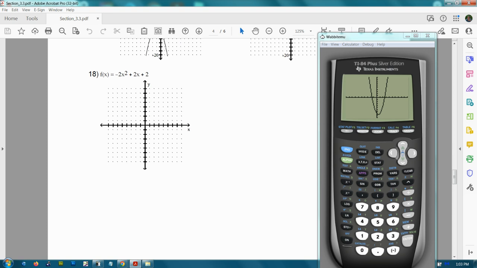Number 18. Let's see what we got. Y equals, let me clear this off, and minus. Make sure you're using the right sign, the minus, not the subtract. Minus 2x squared plus 2x plus 2, and hit graph.